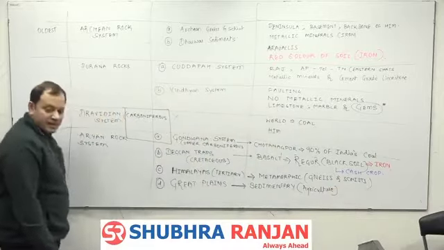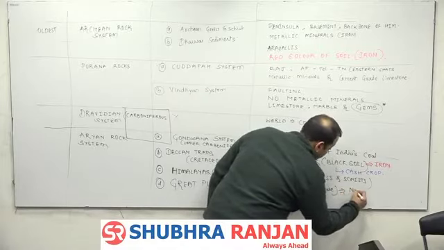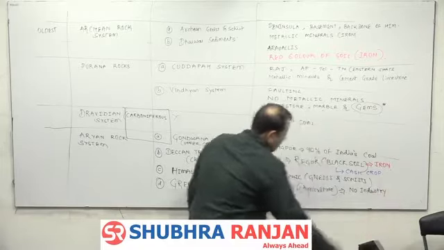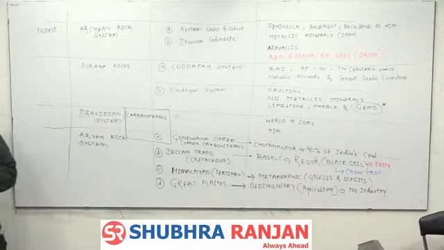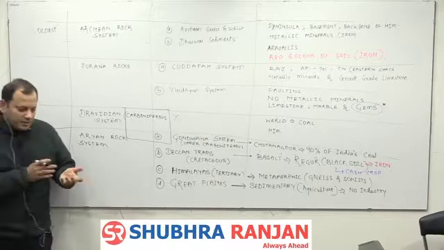It does not have any metallic minerals, and therefore no industries can naturally set up. So it is the youngest because it lacks any kind of metallic minerals in this region. Alluvial soil that is made due to riverine deposits.